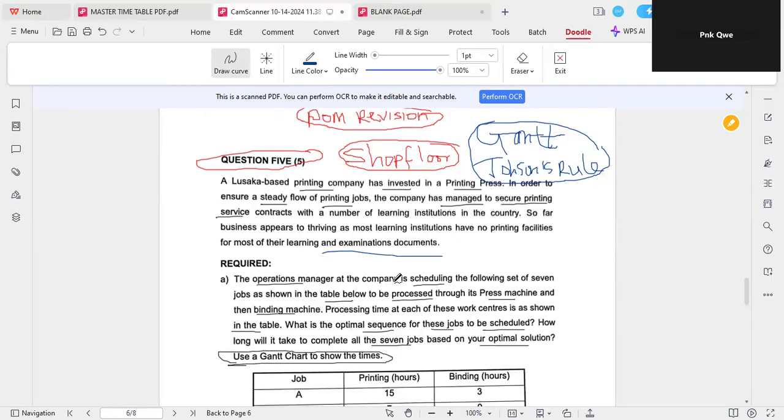The operation manager at the company is scheduling the following set of 7 jobs, as shown in the table below, to be processed through his press machine, then binding machine. Process time at each of these work centers is shown in the table. What is the optimal sequence for these jobs to be scheduled? How long will it take to complete all the 7 jobs based on your optimal solution?